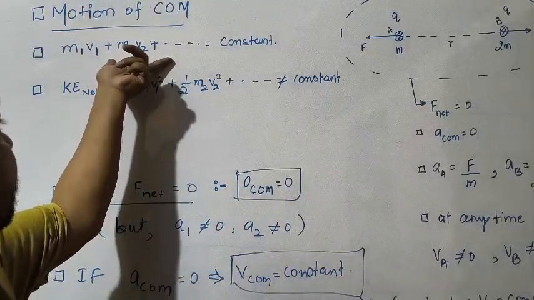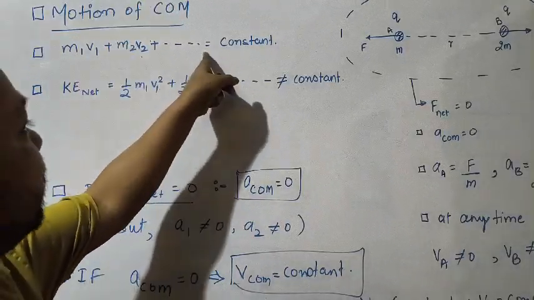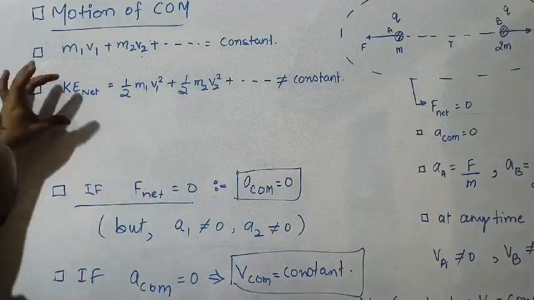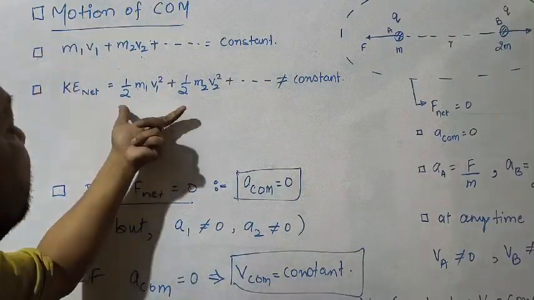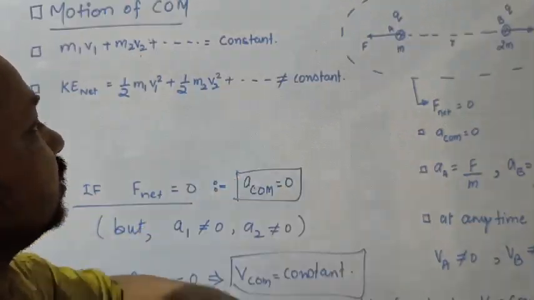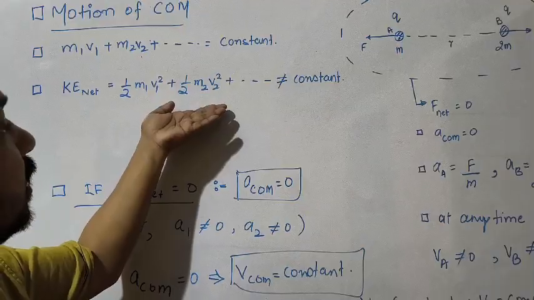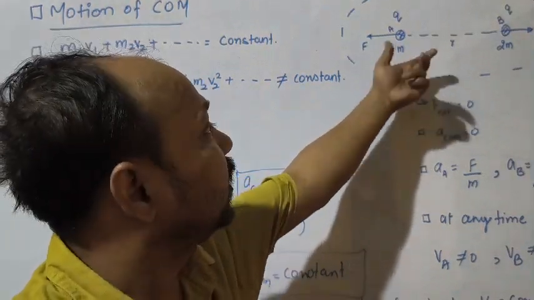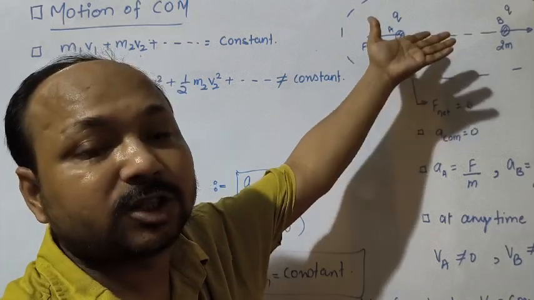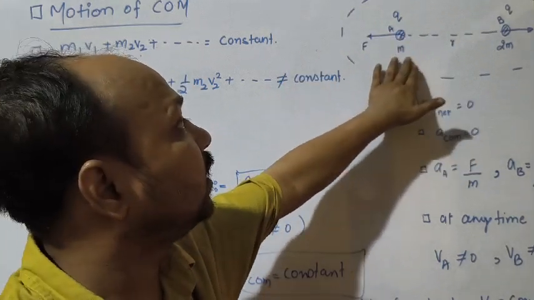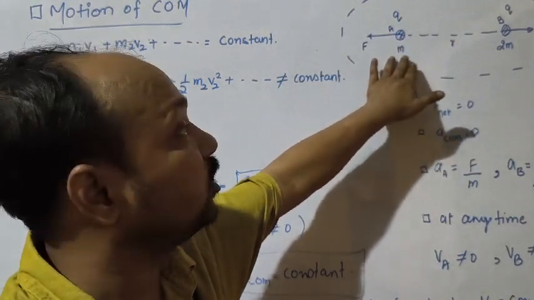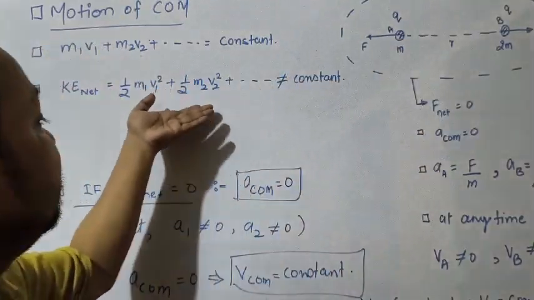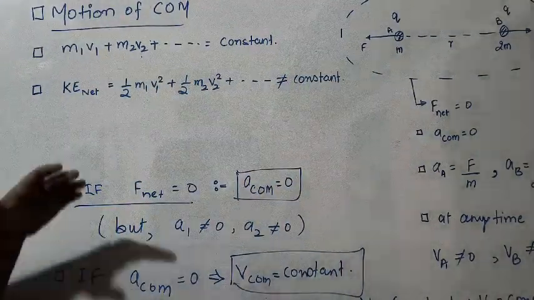So the net momentum will be conserved, but the net kinetic energy is not conserved or constant. In this case, the particles get their kinetic energy because of their individual electrostatic potential energy.